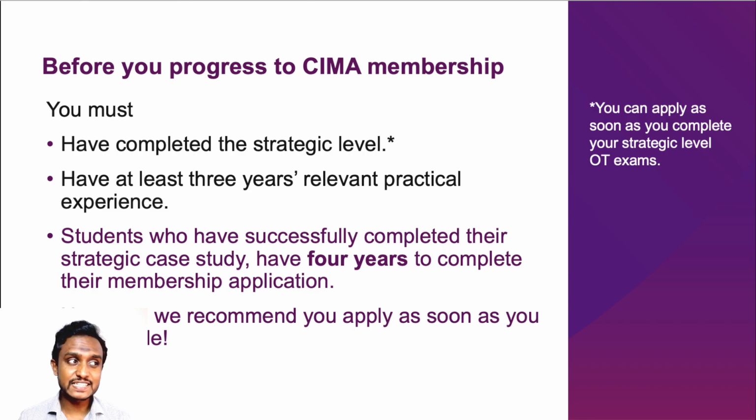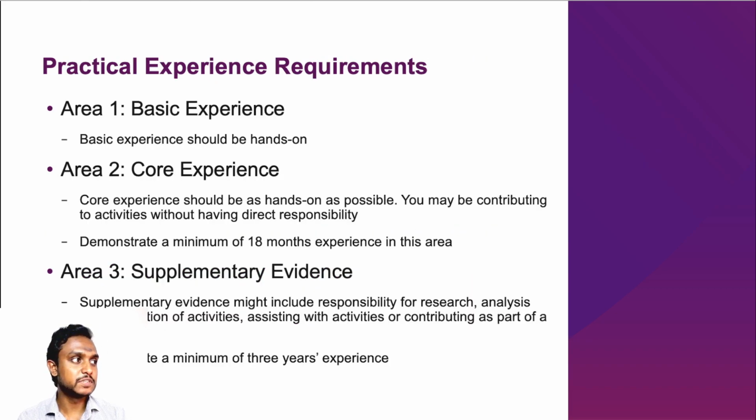You should have at least 3 years, that is 36 months worth of relevant practical experience. We will be talking about what relevant means. Students who have successfully completed their strategic case study have 4 years to complete their membership application, but CIMA recommends that you apply as soon as possible. In fact, even I recommend that. The sooner you get the membership, the sooner you could potentially reap the benefits of the CIMA membership.